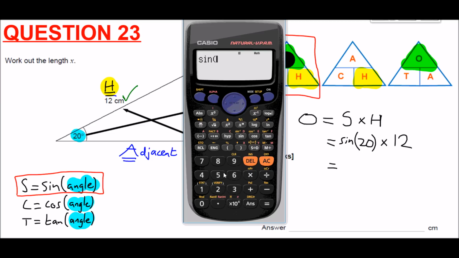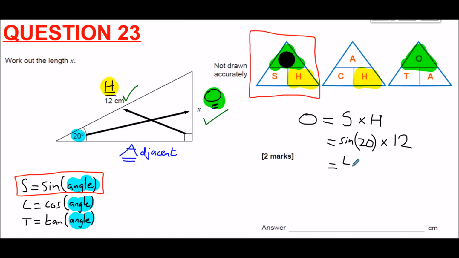So sin, type in 20, close off your brackets, and then multiply that by 12 equals. So to two decimal places, for example, or three significant figures, we'd get 4.10. So the answer to this one is 4.10 centimetres. And that's our final answer for how long side X is.